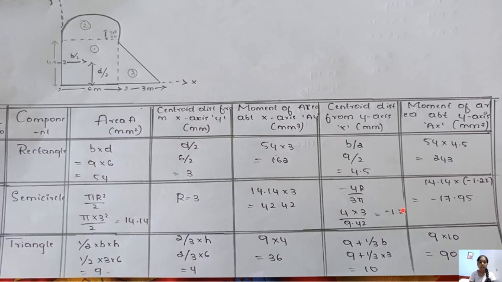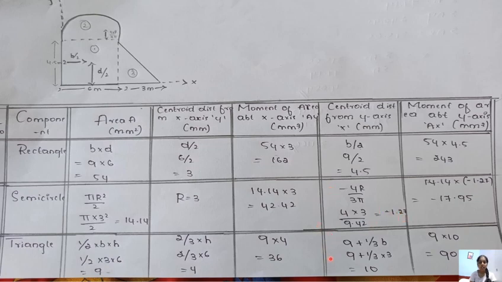And then for the semicircle it is minus 4r by 3 pi. So 4 into r, which is 3, divided by 3 pi is 9.42, which equals minus 1.27. If you put this value in the scientific calculator, you will get minus 1.27.